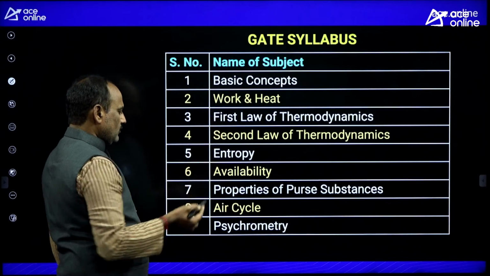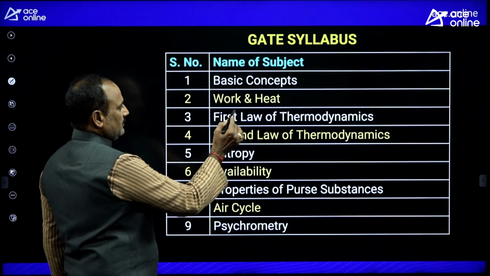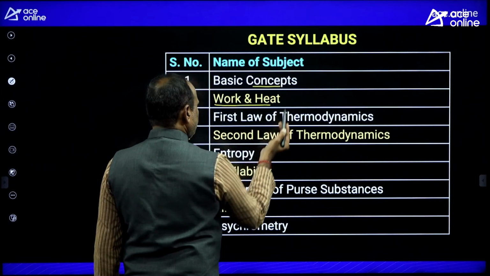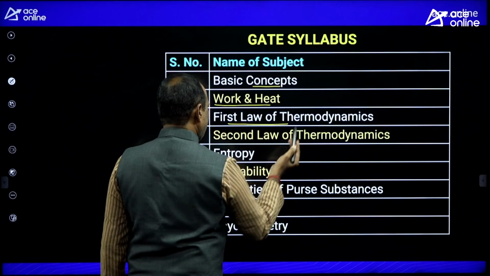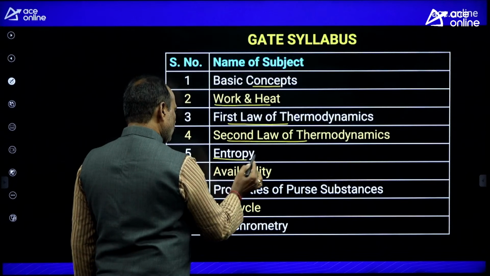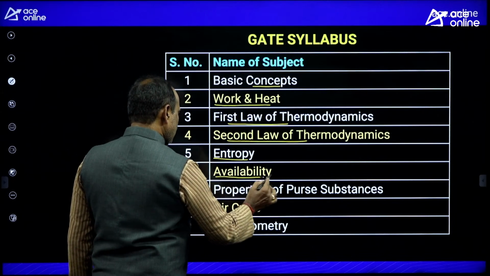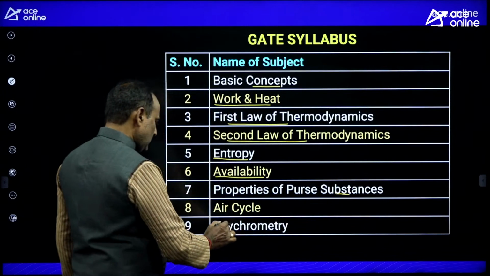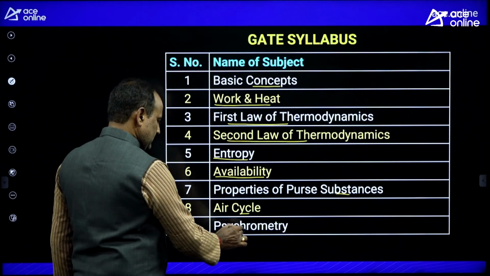There are different concepts like basics of thermodynamics, work and heat, first law of thermodynamics, second law of thermodynamics, entropy, availability, properties of pure materials, air cycles, psychrometry.